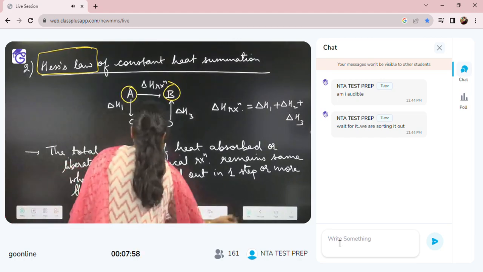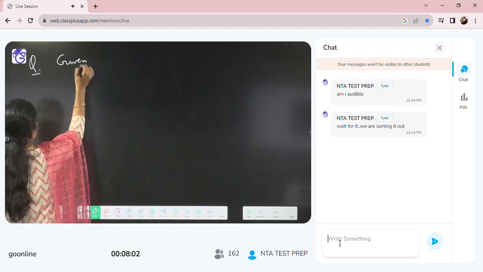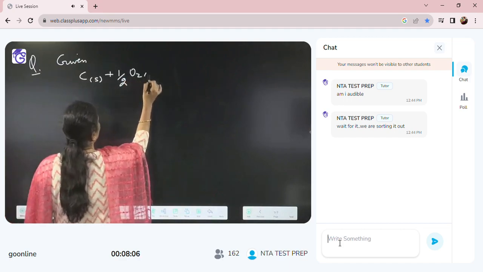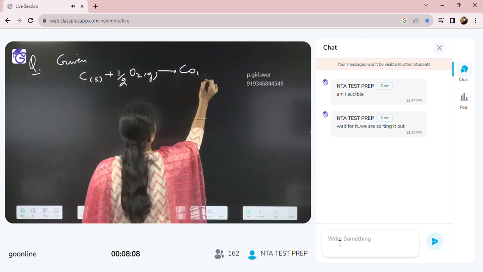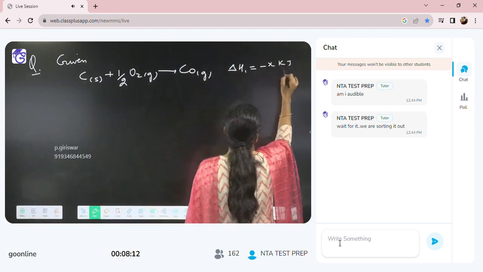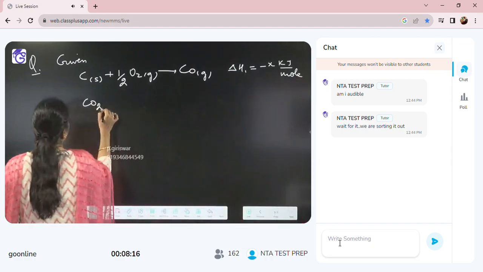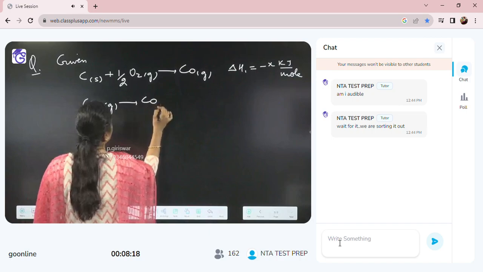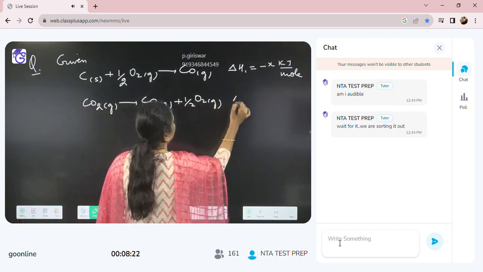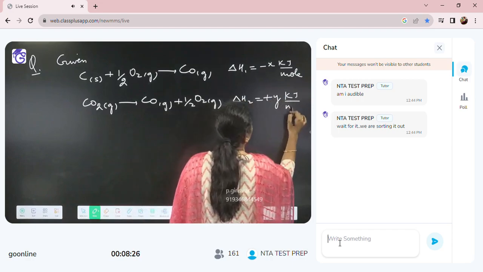Done. Chalo, write down one question then. Given carbon solid plus half of O2 gas giving you CO gas, delta H1 is minus X kilojoule per mole. Then CO2 gas getting decomposed into CO gas plus half of O2 gas, delta H2 is plus Y kilojoule per mole.